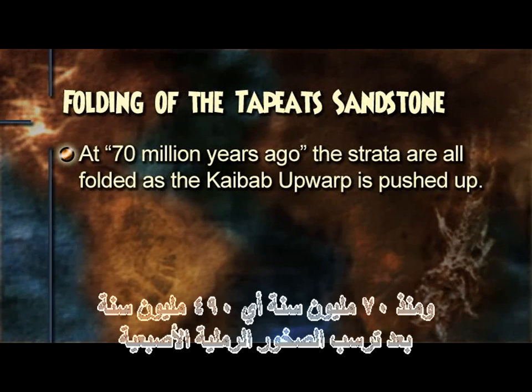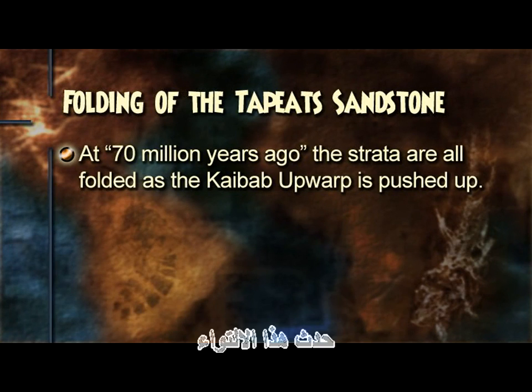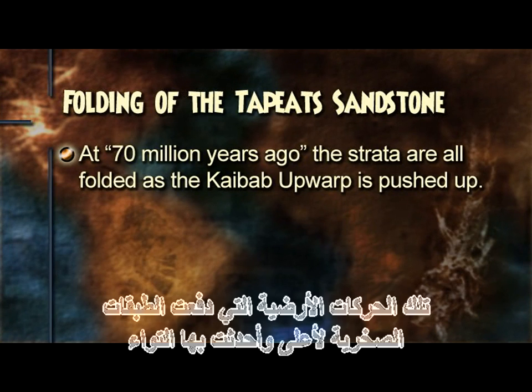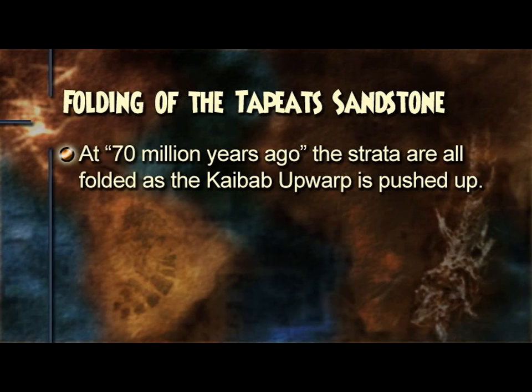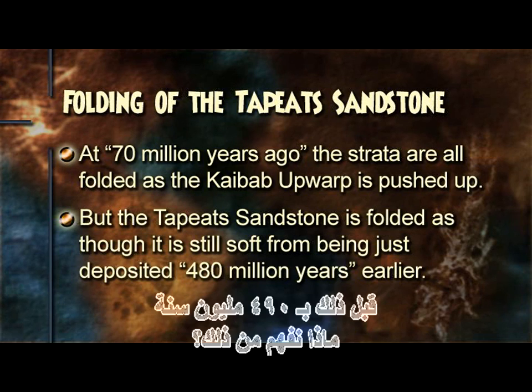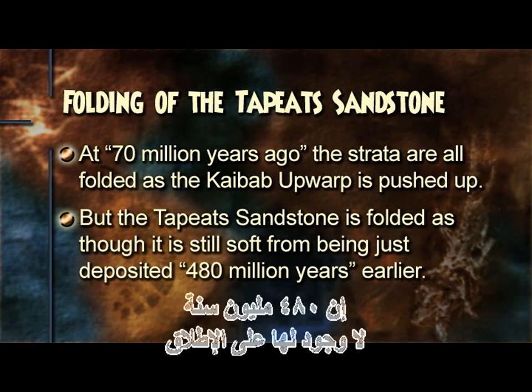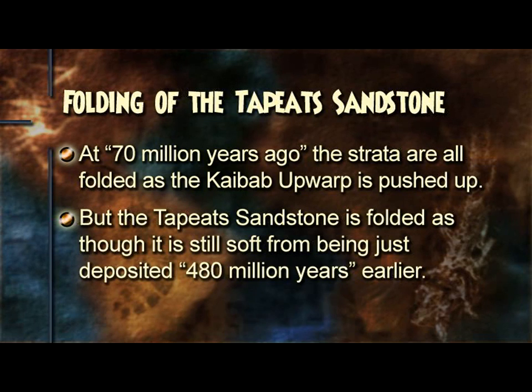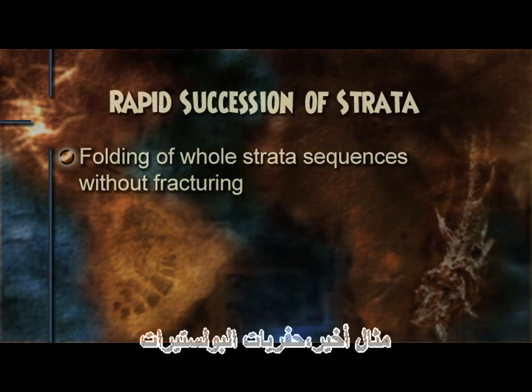And then 70 million years ago, 480 million years after the Tapeats sandstone was deposited, we had this bending, this earth movement that pushed up the rock layers and bent them. But the Tapeats sandstone is folded as though it is still soft from being deposited 480 million years earlier. What does that tell us? The 480 million years never existed. Well, one last example.